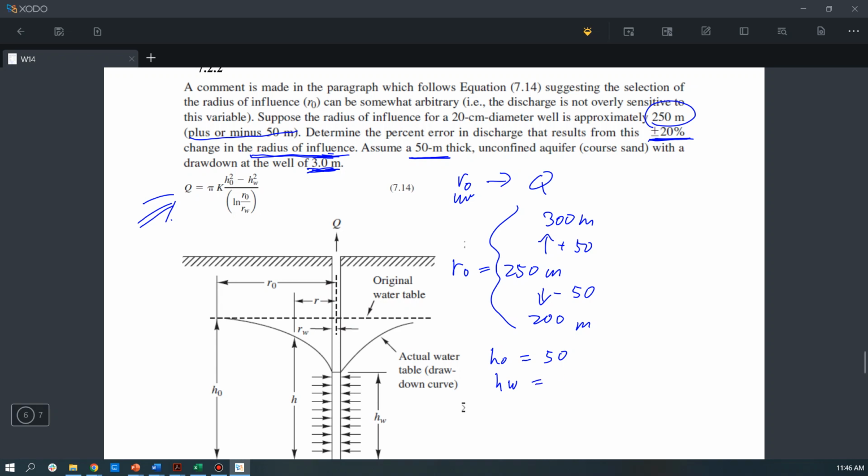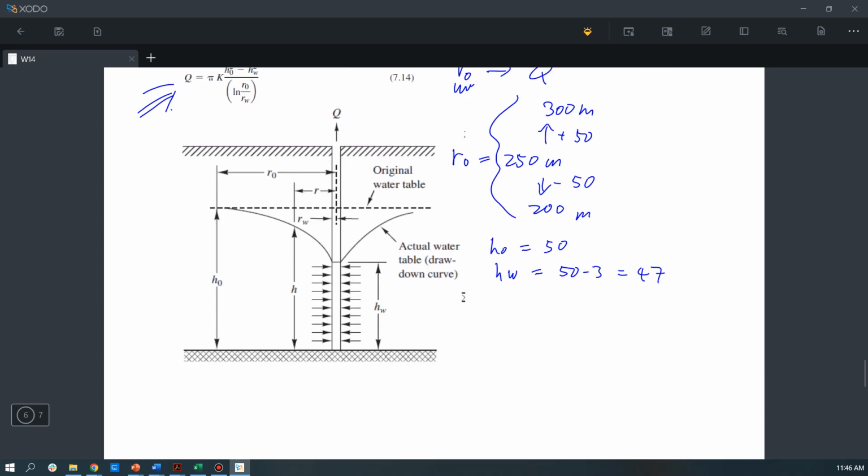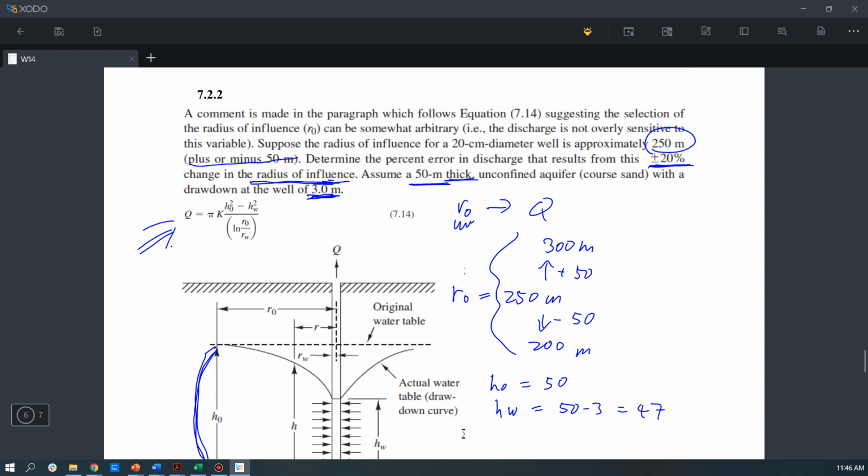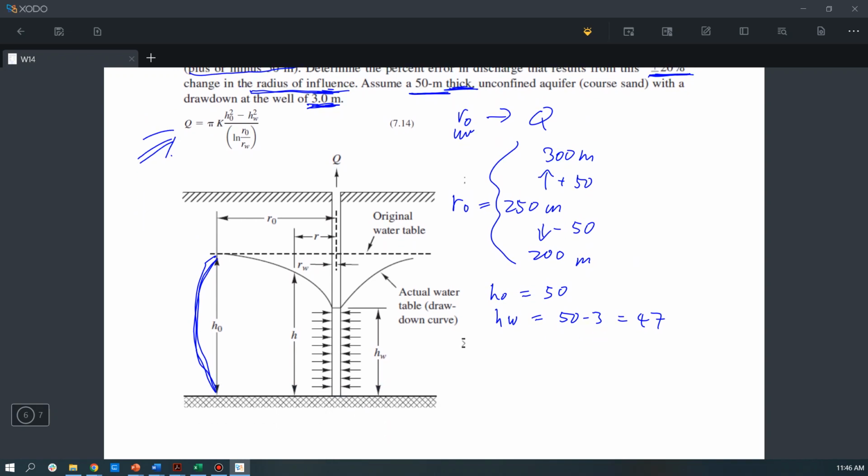So HW is 50 minus 3 is equal to 47. Okay, so H naught is this, and we know the thickness of the unconfined aquifer, which starts from here. This thickness is 50. Okay, and this drawdown here is 3, so we know this is 47.